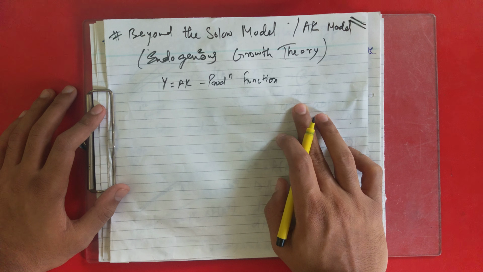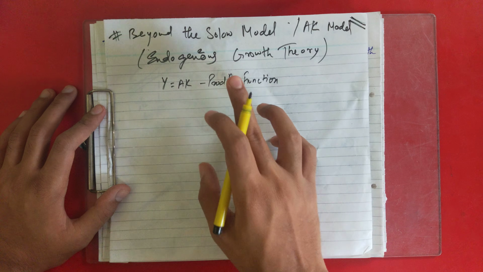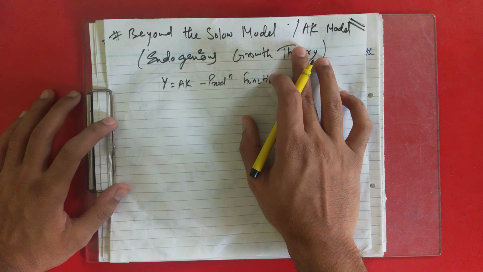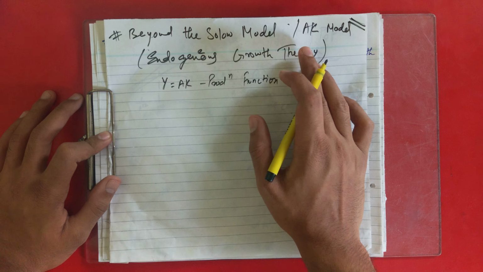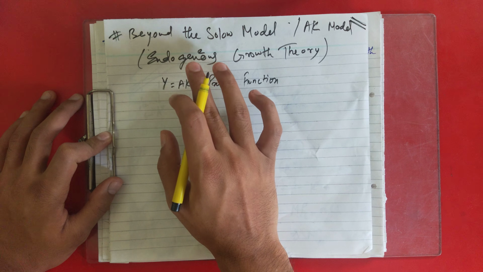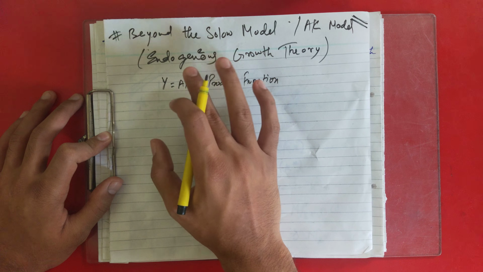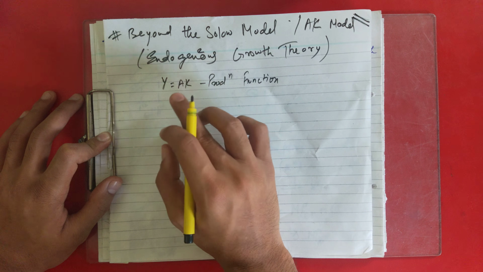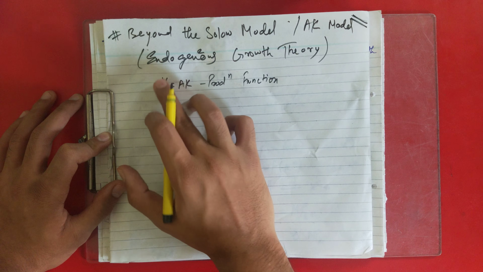Okay, this was the first distinction: in this model, beyond the Solow model, the factors determining economic growth are endogenously determined, but in the Solow model they were exogenously already given. And the second distinction is the production function.